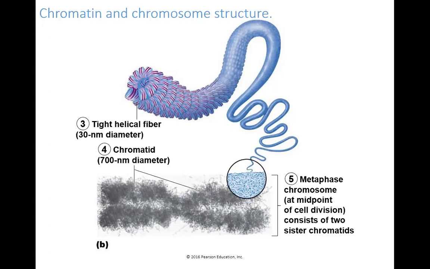We have a pair of chromosome 1s, a pair of chromosome 2s, a pair of chromosome 3s, and so on. And they pair up and join together like this. So when we're undergoing mitosis, we will have what are called sister chromatids linked together. Okay.